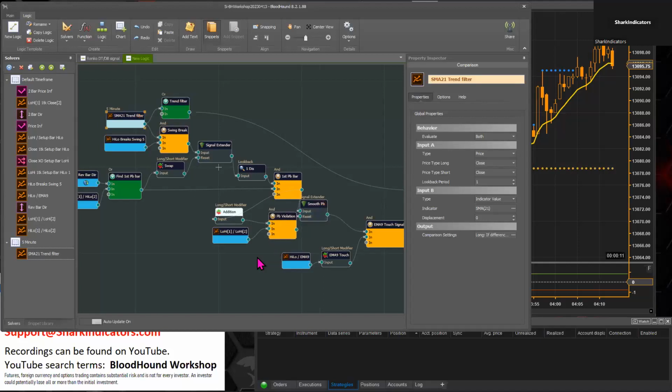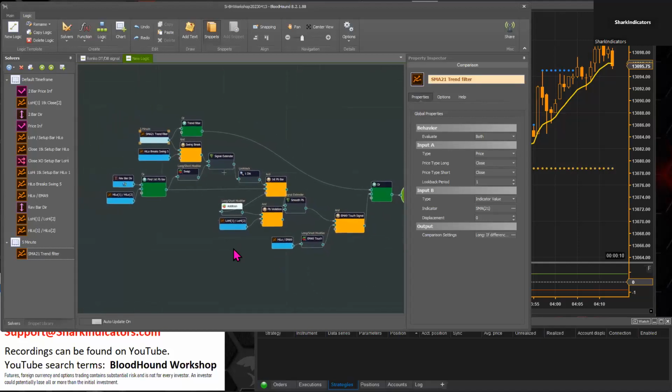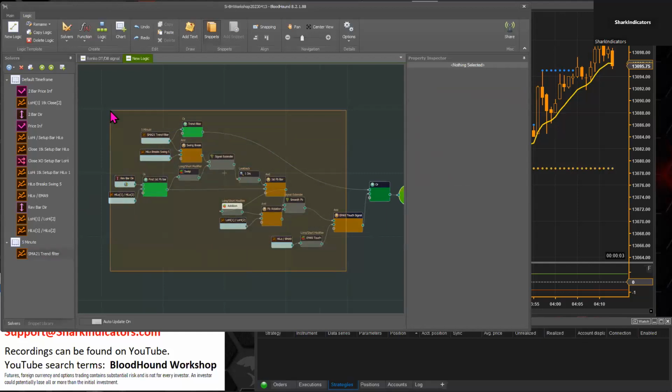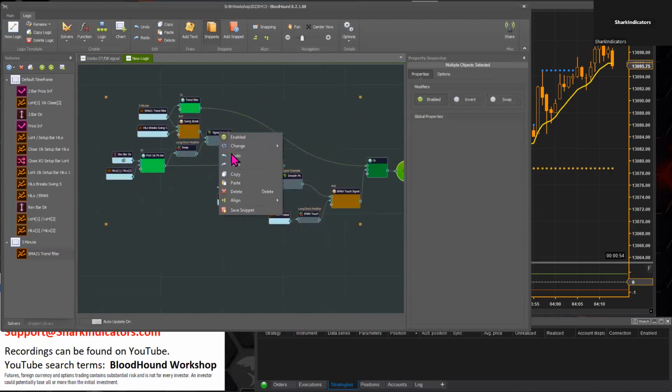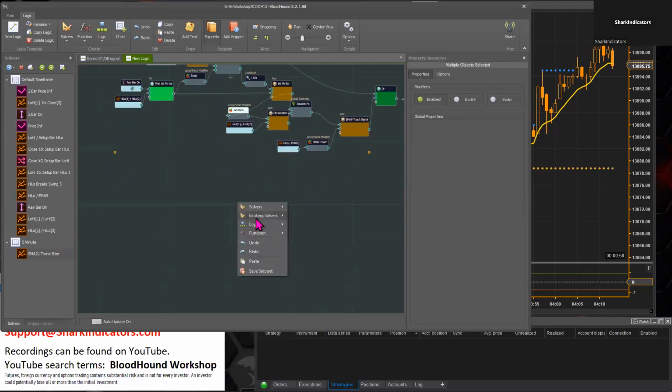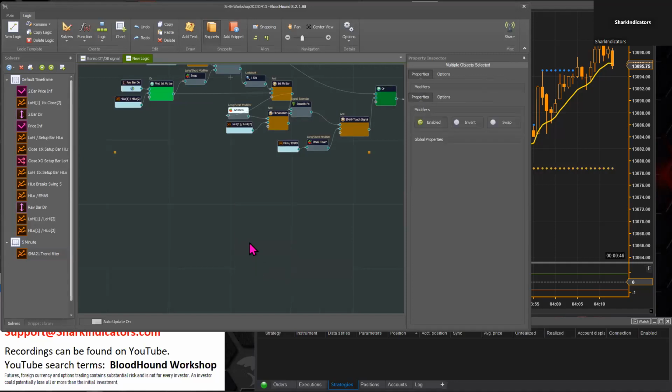So as you make these substitutions, you literally have to copy the entire logic, make a copy of it, and then paste that down here.